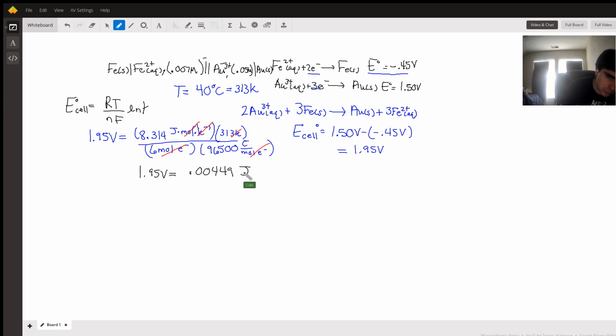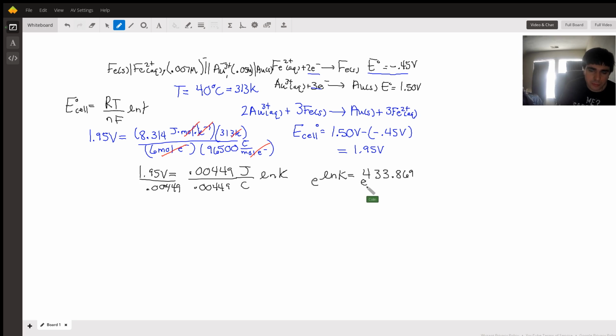So we currently have joules per coulomb, ln of K. So divide both sides by this value. When you do that, you should get a value somewhere in the neighborhood of ln of K is equal to 433.869.